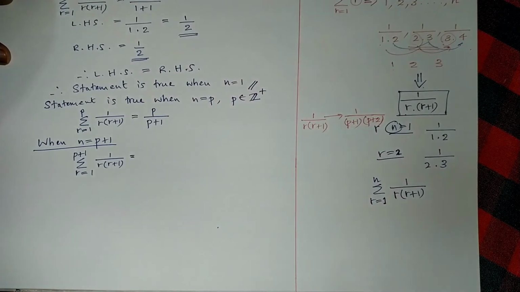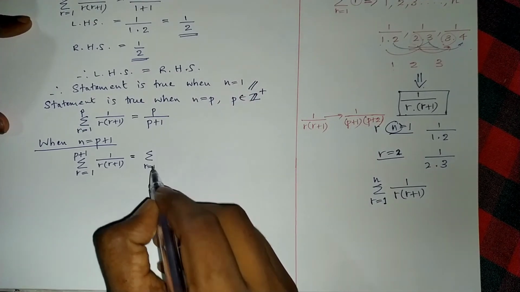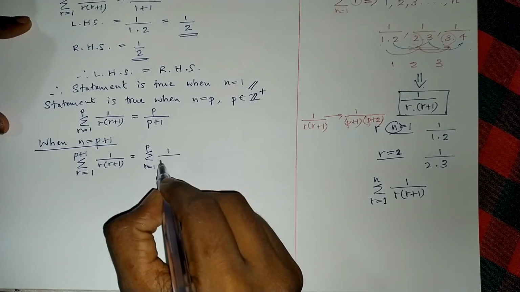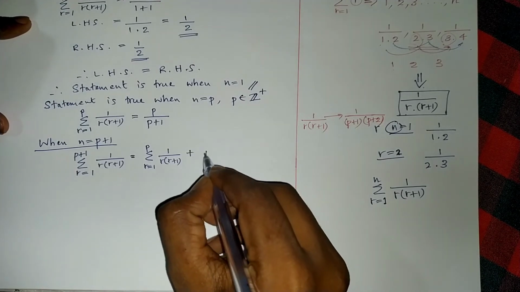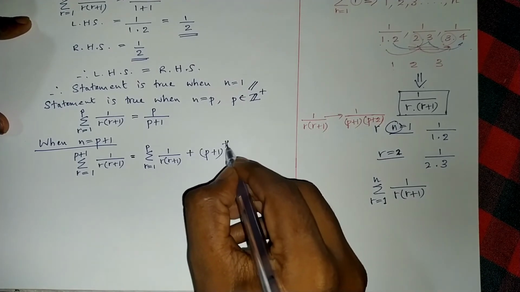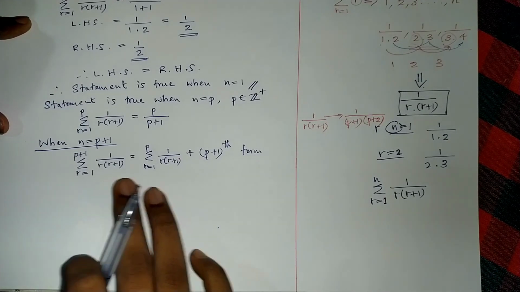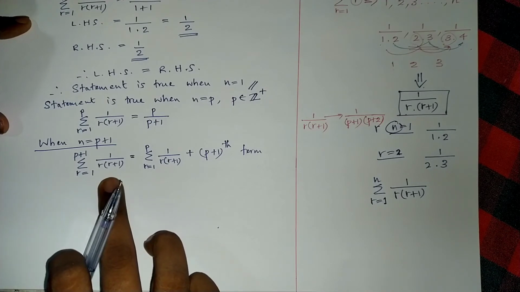Now this is equivalent to sigma r equals 1 to p of 1 over r into r plus 1, plus the p plus 1th term. So I separately wrote the idea of this left hand side.